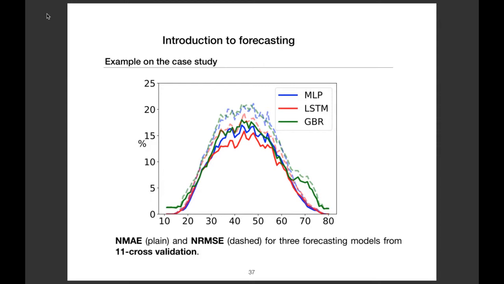You can see that for this metric, for instance the normalized mean square error, the best model is the red one, the LSTM, sorry. And then it is the MLP and then the GBR. And the error here, expressed in percentage of the total installed capacity, is much higher at lunchtime than at night hours.